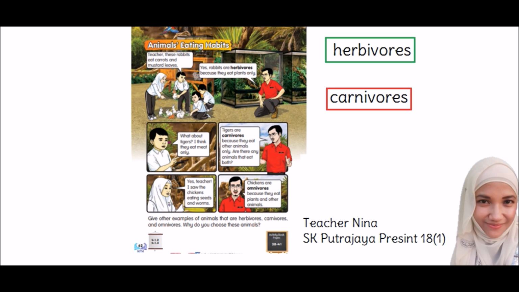And the third one is omnivores. You can read from this comic here that the teacher explains the rabbits are herbivores because they eat plants only. So herbivores are animals that eat plants only.